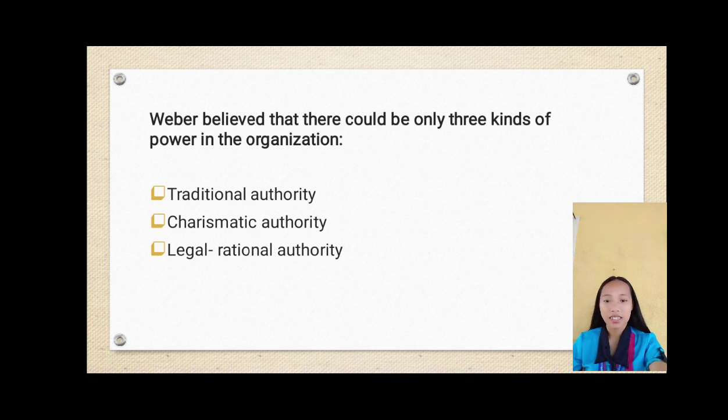Next is the legal rational authority. In this type of authority, the workers need to abide by the legal rules or the naturally applicable laws. In short, all the employees need to follow a consistent set of principles.